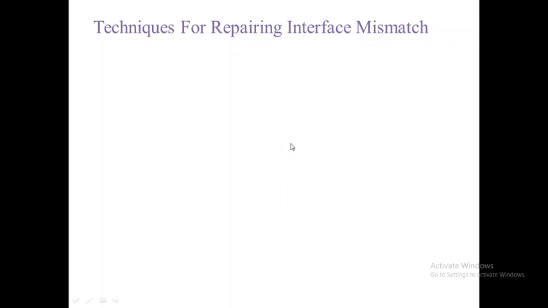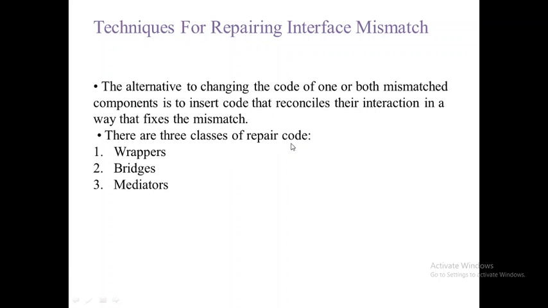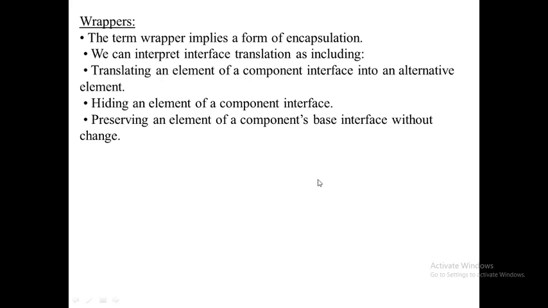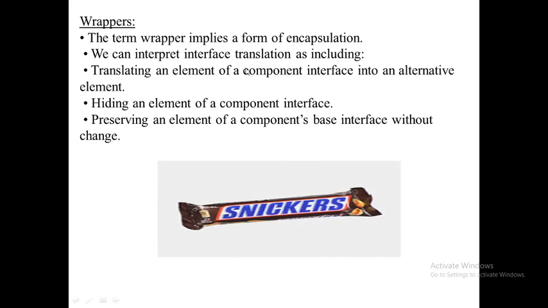When there is a mismatch in the interface between these components, you need to follow some techniques to repair the interface mismatch. There are three elements: wrappers, bridges, and mediators. Wrappers, already you know about wrappers. Generally you are eating wrappers, biscuit wrappers, chocolate wrappers, etc. So the term wrapper implies encapsulation.